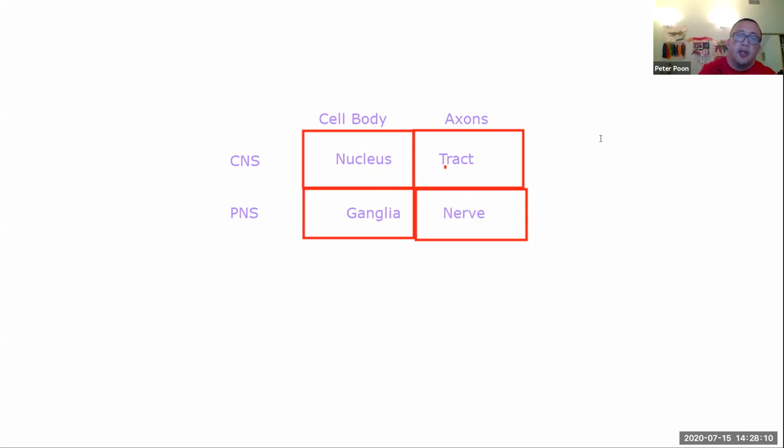So terminology. When we talk about the cells, we break them down to the cell body and the axon. In the CNS, a group of cell bodies is called a nucleus, and a group of axons is called a tract. In the PNS, a group of cell bodies is called ganglia, and a group of axons is called a nerve.